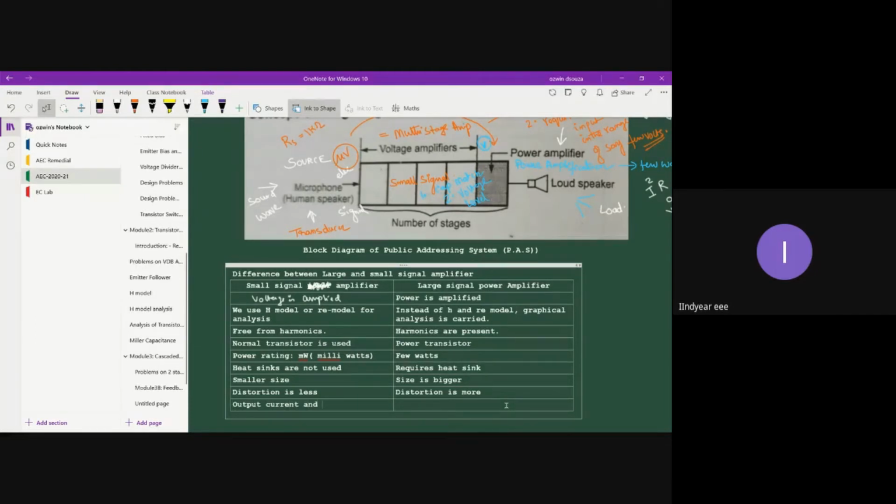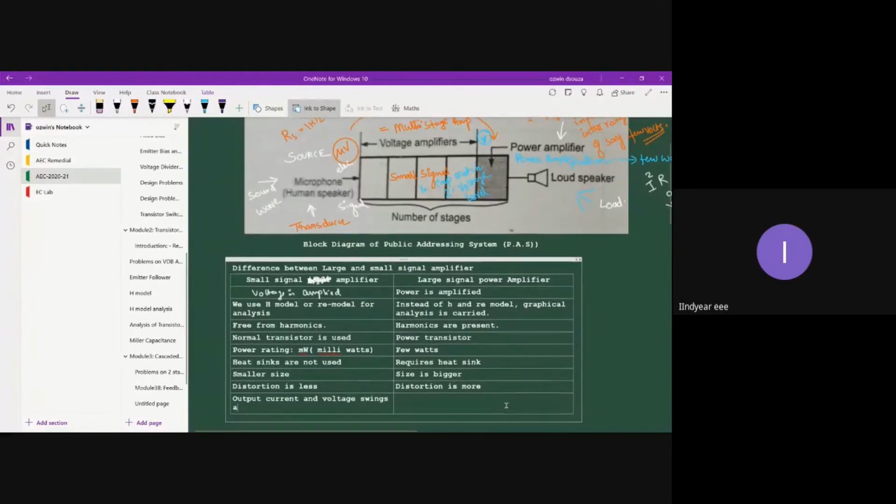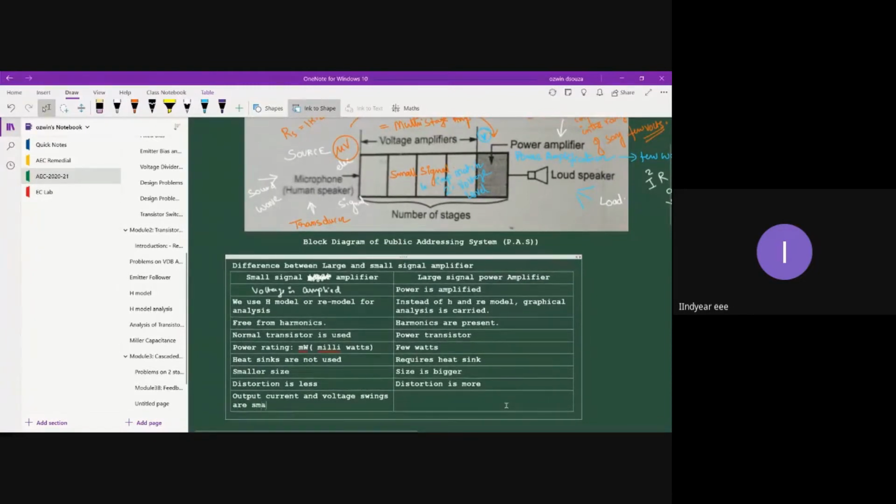On the other hand, in the large signal amplifier, voltage and current swings are all large. Okay, the vice versa case, you are correct. Voltage and current swings are large.